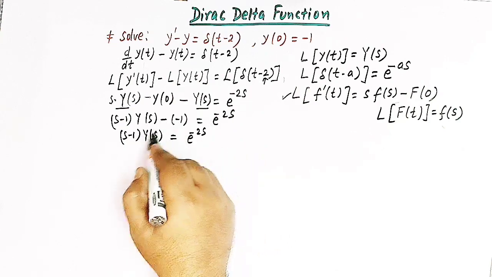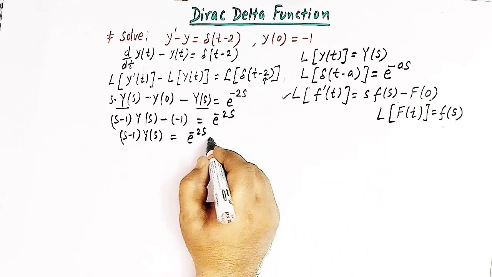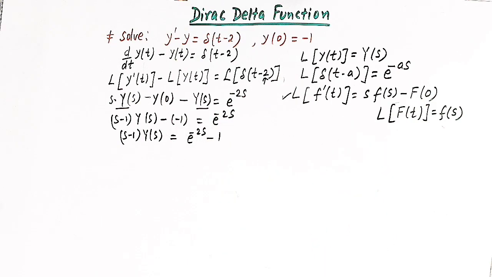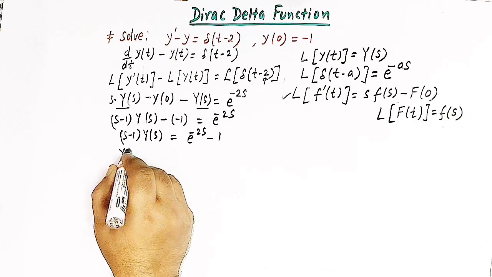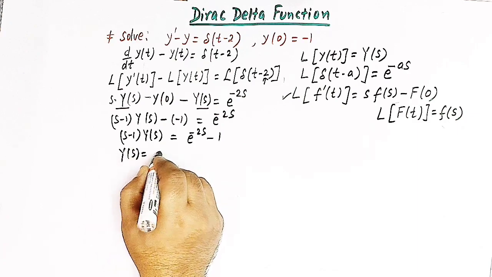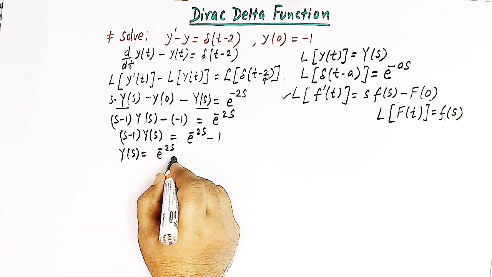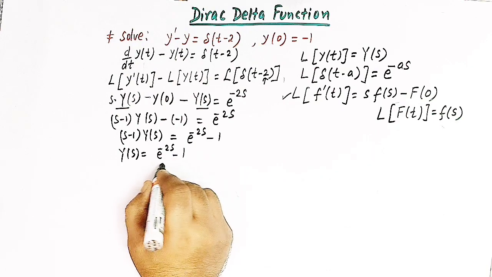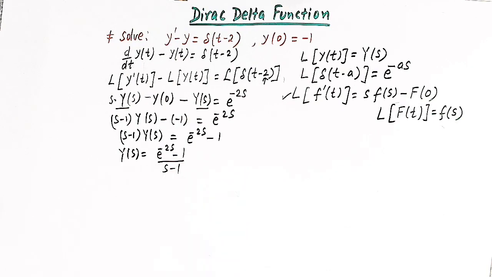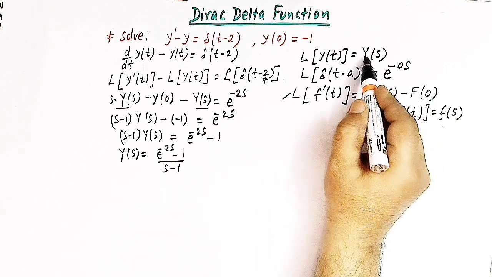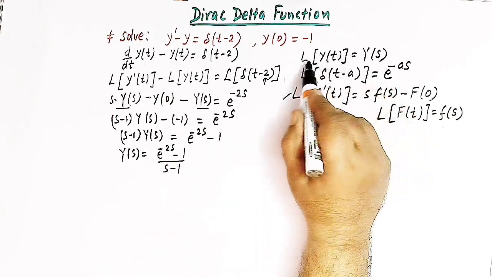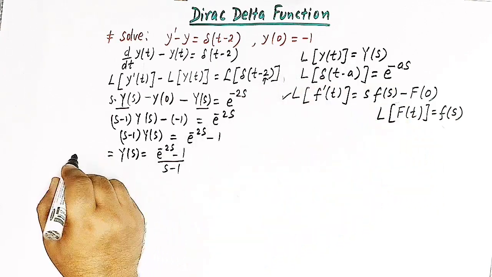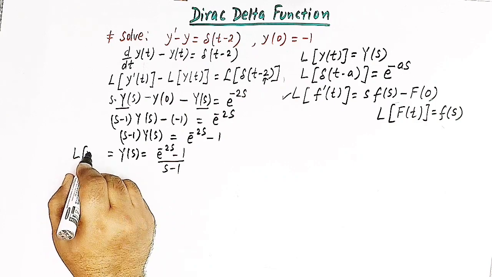So if we take 1 to the right hand side, we have minus 1. So now we have Y of s is equal to e raised to minus 2s minus 1 over s minus 1, right?